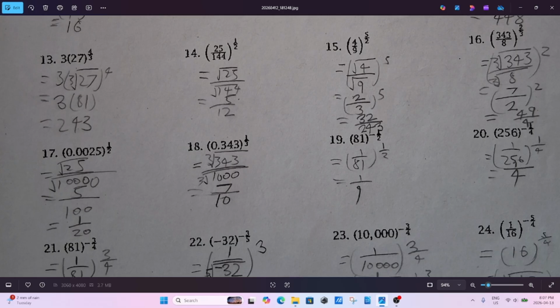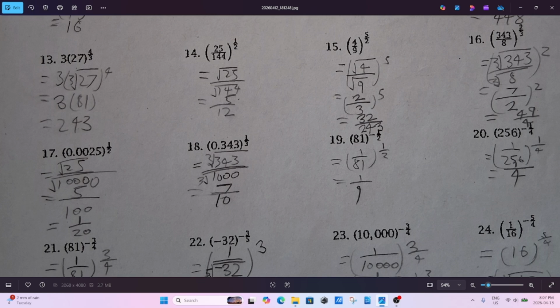Question 14. 25 over 144 to the exponent 1/2 is square root of 25 divided by square root of 144, which is equal to 5 over 12. Question 15. 4 over 9 to the exponent 5 over 2 is equal to the square root of 4 divided by the square root of 9 to the exponent 5, which equals 2 over 3 to the exponent 5, which equals 32 divided by 243.